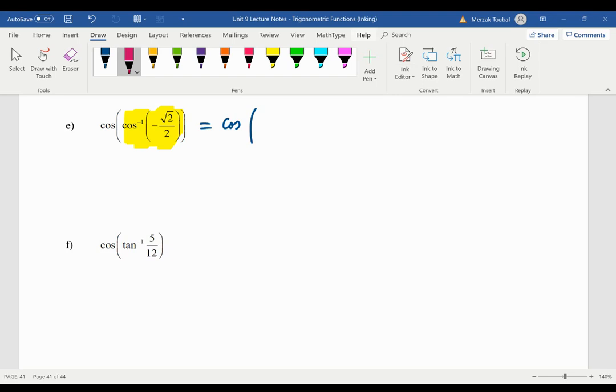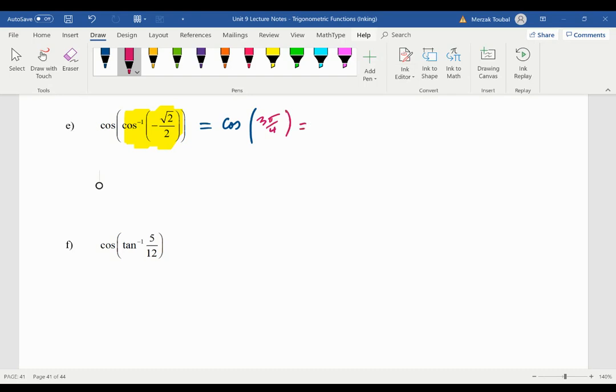Cosine is positive in quadrant 1, negative in quadrant 2. Because negative root 2 over 2 is negative, we're using quadrant 2. Find negative root 2 over 2 on quadrant 2 and see which angle corresponds to that x, because the cosine is the x. So negative root 2 over 2 must be 3 pi over 4.